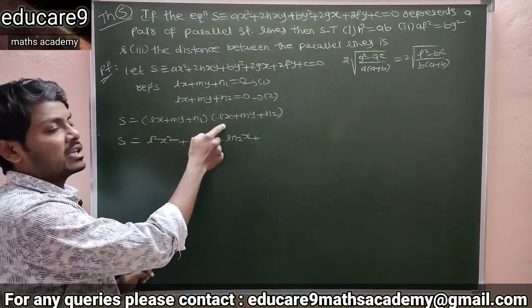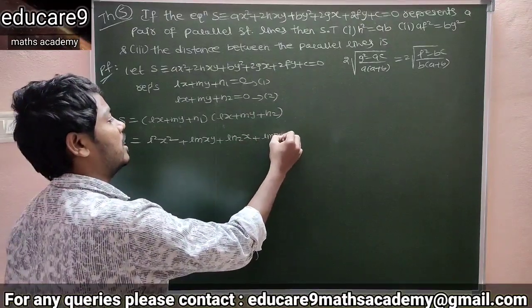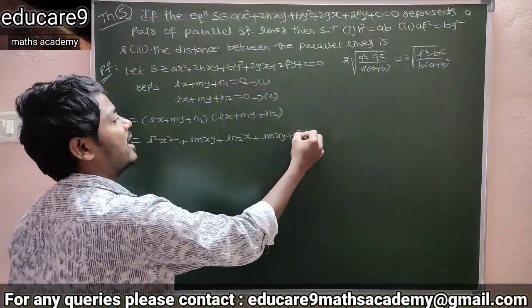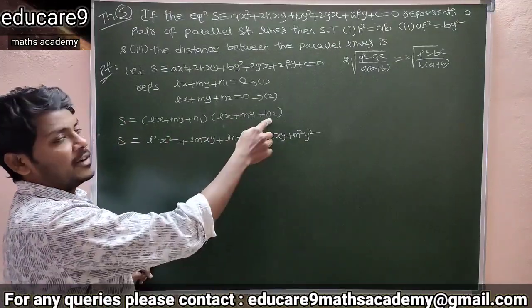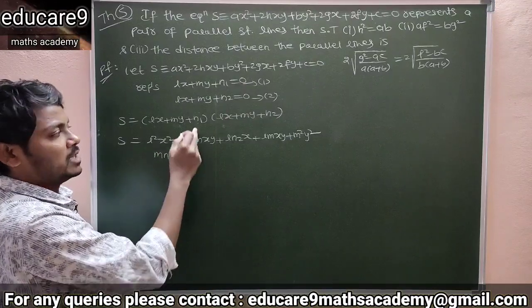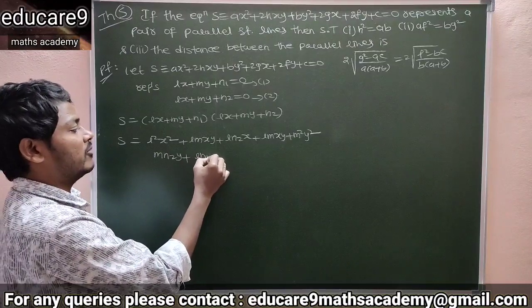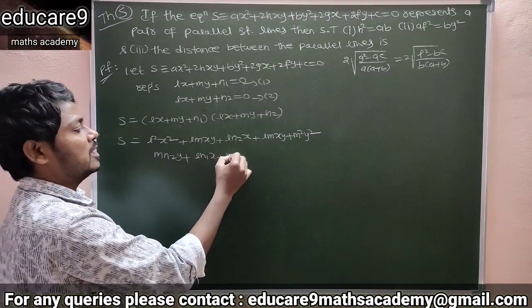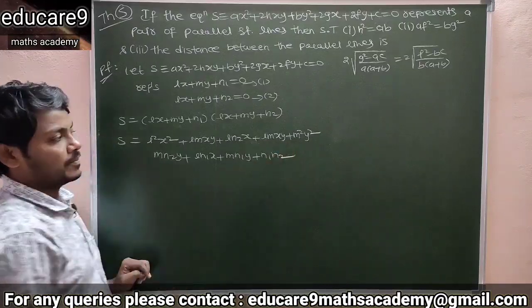Now multiplying with the second term, you get lmxy plus m²y². Next, my into n2 is m n2 y, plus multiplying with the last term, that is l n1 x plus m n1 y plus n1 n2.